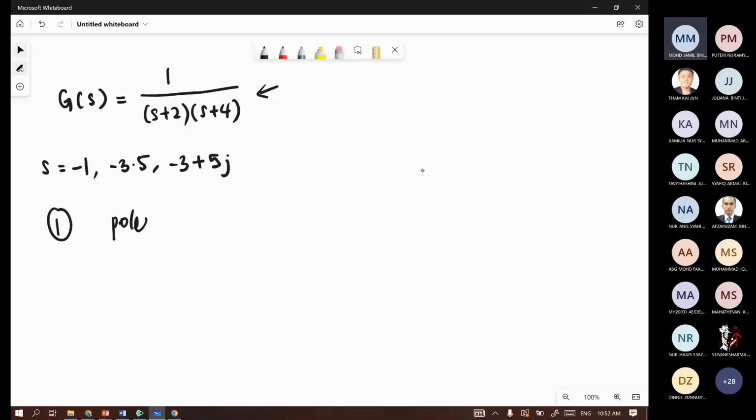The poles are s equals -2 and -4. This transfer function has no zero, because the numerator cannot become zero. So there are no zeros, and you have these poles only. Maybe you can then plot this on the s-plane. We have -2 here and -4.